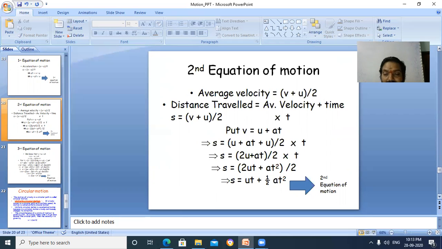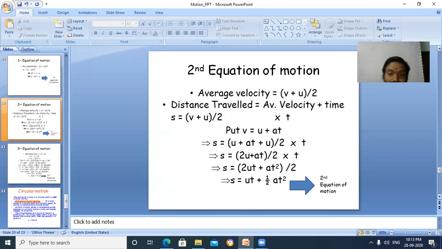So we can put the first equation over here, that is v is equal to u plus at. Distance is equal to velocity, of course. Now u plus at is the final velocity, so final velocity plus initial velocity by 2 is the average velocity, into time, gives the distance.